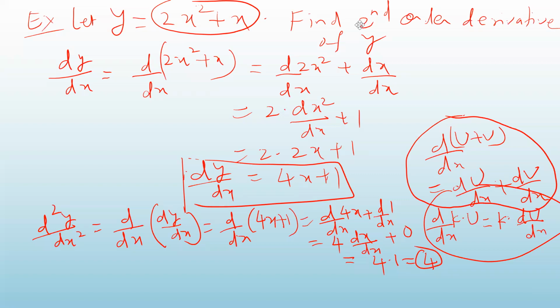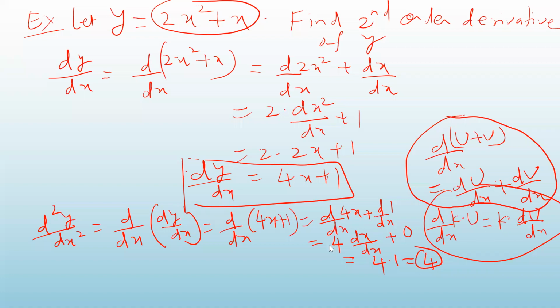You can see here nicely. First order derivative is 4x plus 1. To find the second order derivative, take the derivative of the first order, which means the derivative of 4x plus 1. That is nothing but the derivative of 4x plus the derivative of 1. For the derivative of 4x, we are applying this rule, k times u.